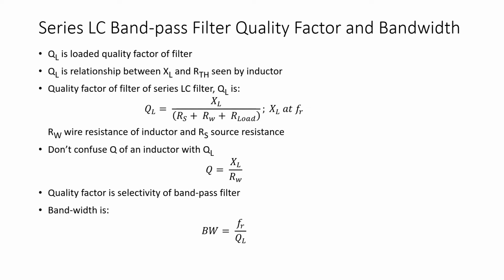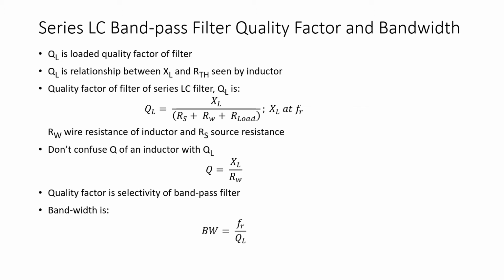Now, when discussing band pass filters, one of our concerns is the loaded quality factor of the filter. The loaded quality factor, signified with Q sub L, is determined by the relationship between the inductive reactance and the resistance that is seen by the inductor. Mathematically, the loaded Q factor of this series LC filter is X sub L divided by the Thevenin resistance as seen by the inductor.